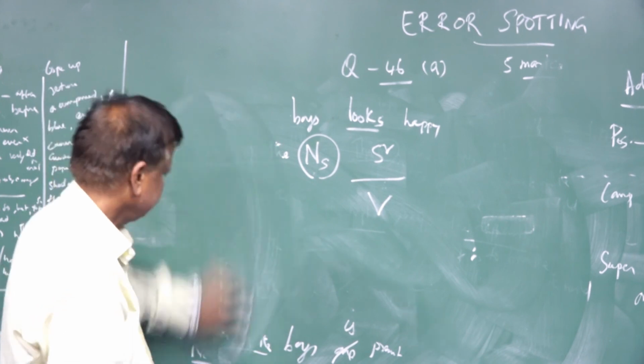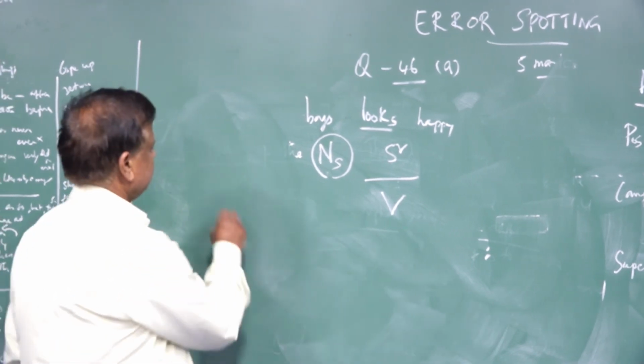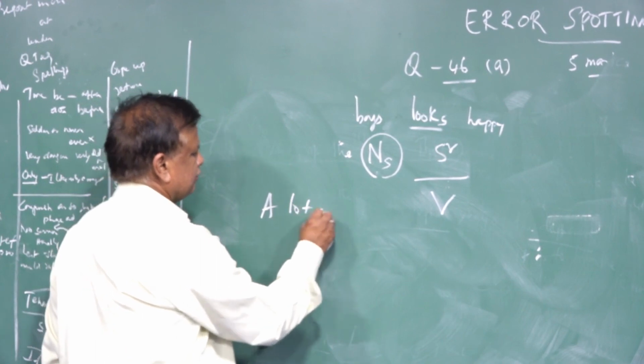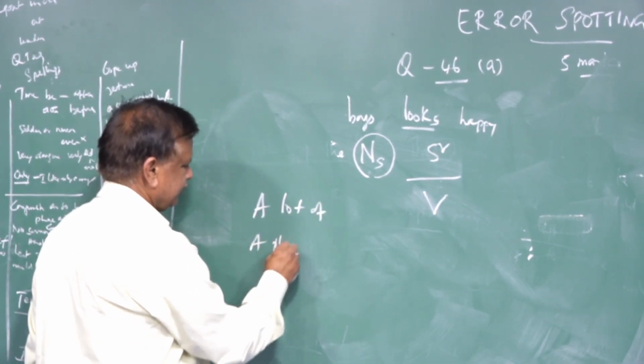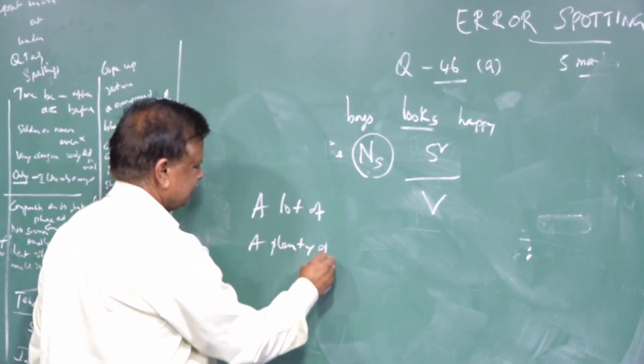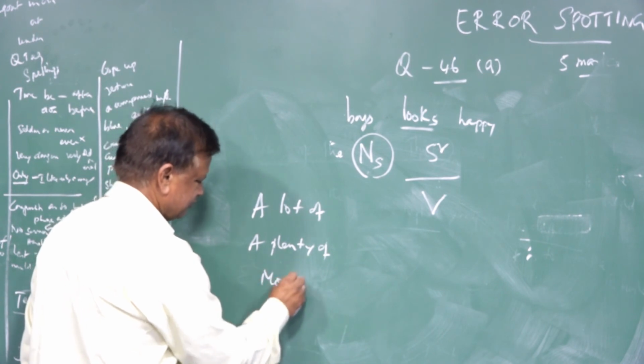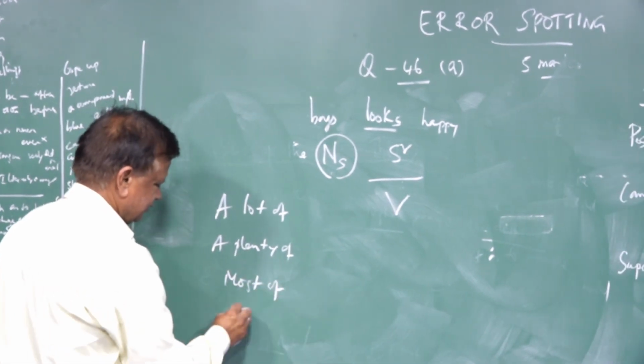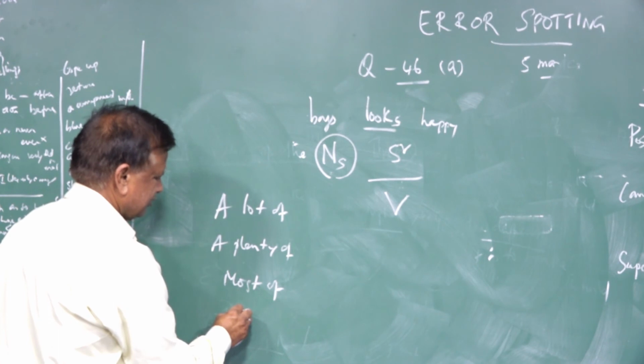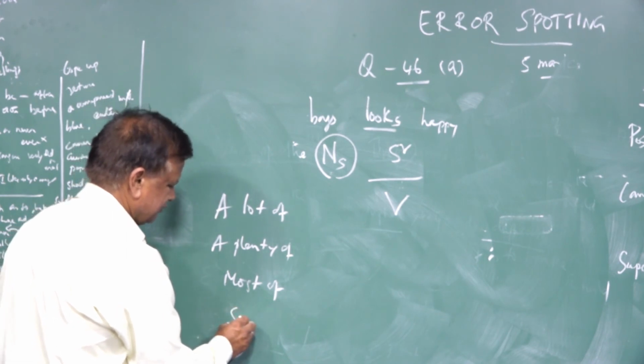Similarly, you have these words: a lot of, plenty of, most of. A lot of, plenty of, most of, all these things.